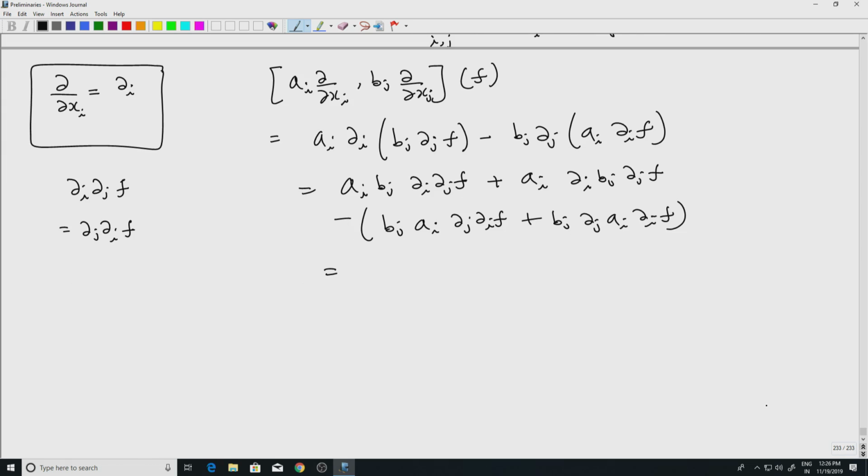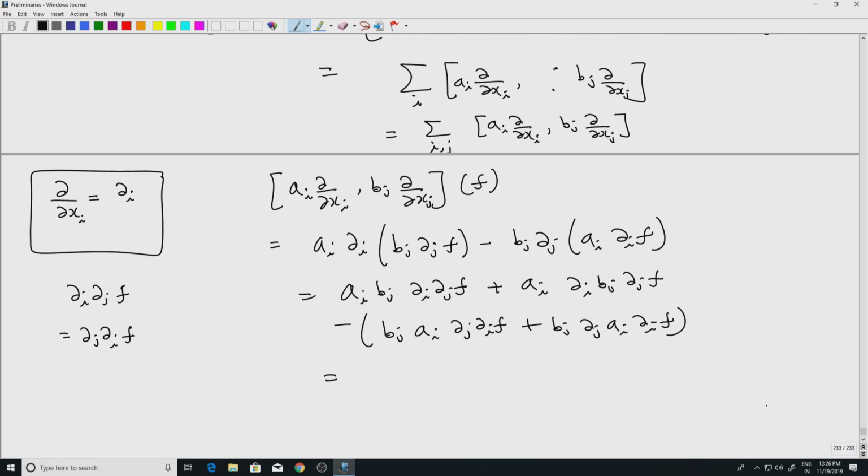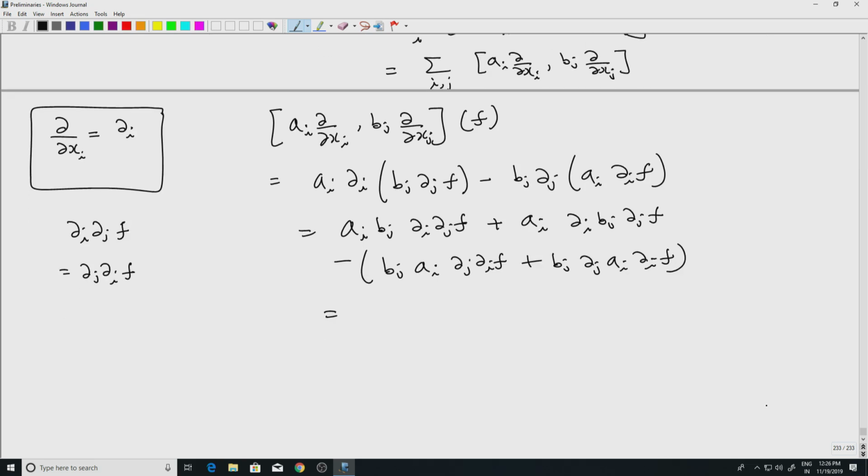So del by del xi, as usual, is the pullback under the chart map, derivative of the chart map, of the usual del by del xi. However, this equality of mixed partial derivatives continues to hold in the manifold as well. This is true in Euclidean space and this is true in the chart.